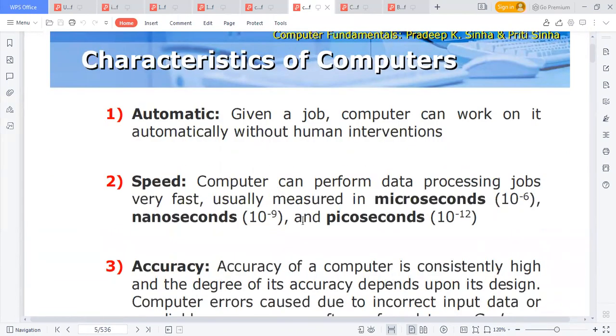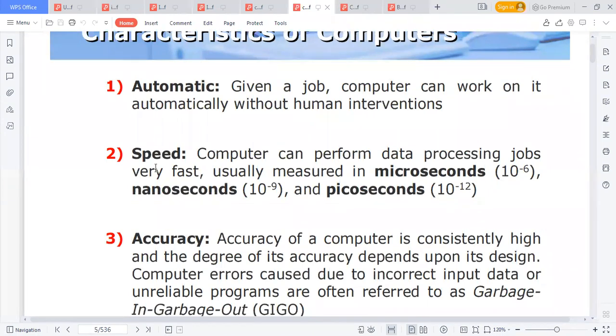The second characteristic is speed. A computer can perform data processing jobs very fast. This is why we are using computers. Speed is usually measured in microseconds. Microsecond means what? 1 divided by 1 lakh second is called a microsecond, that means 10 to the power minus 6.